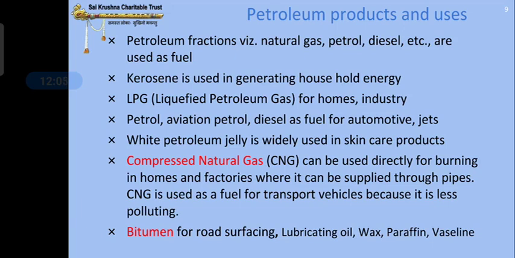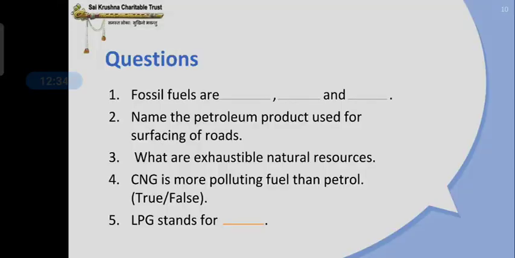CNG is used as a fuel for transport vehicles because it is less polluting. When compared to all other fuels, CNG is used more because it is less polluting and its calorific value is very high. And bitumen is one more product of petroleum, and it is used for road surfacing as tar. It is also used for road surfacing, lubricating oil, wax, paraffin and Vaseline.